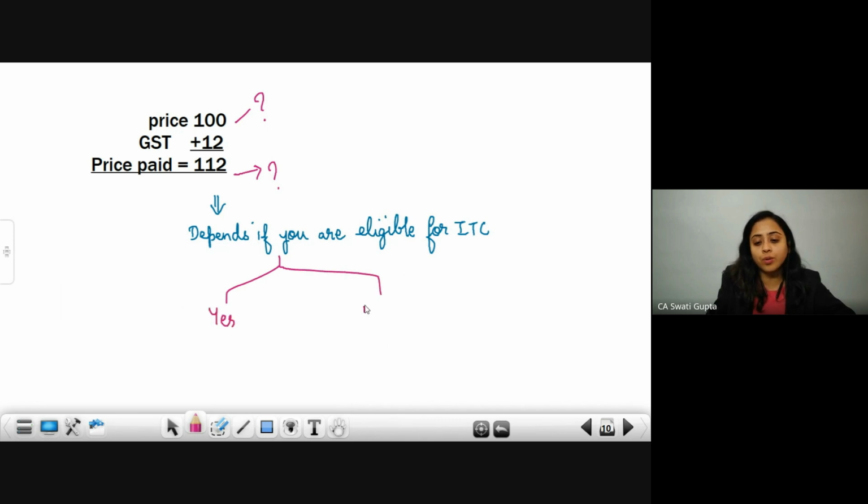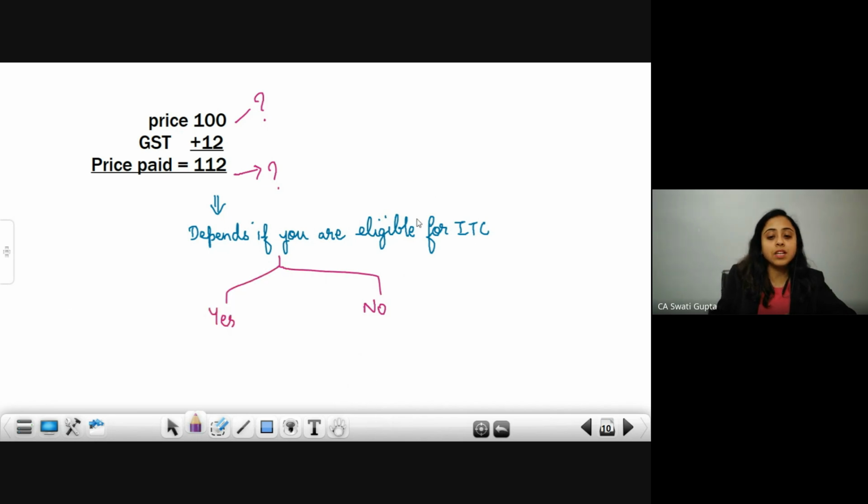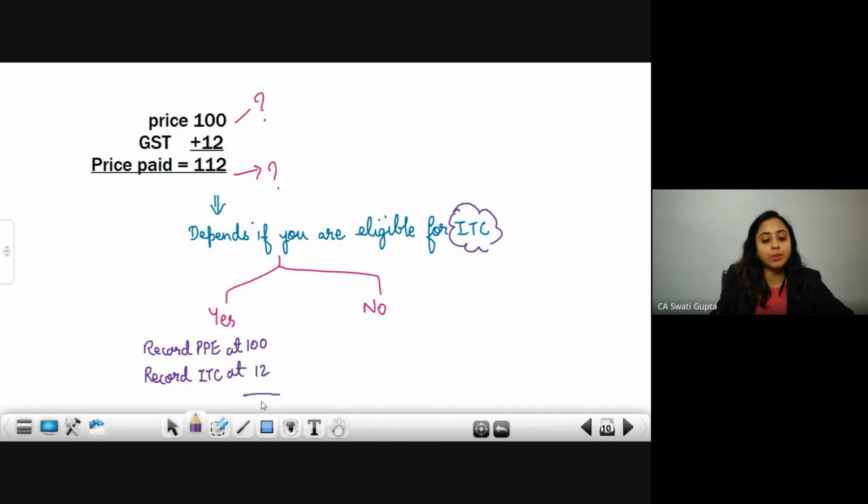If you are eligible for GST input, then record PPE at 100 and record input tax credit at 12. So that's how your asset total will be 112.